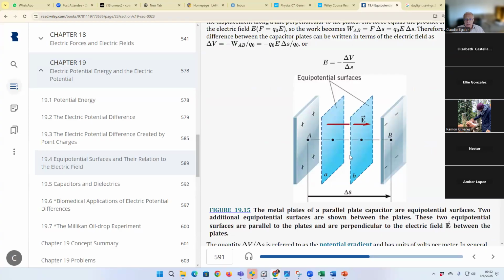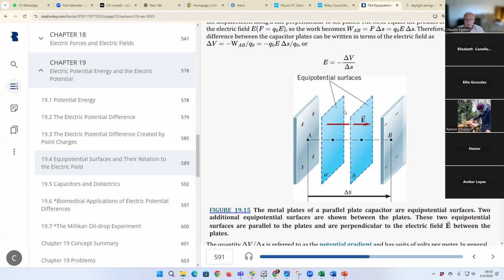Here is another case, which is the illustration pertinent to the first lab. Two uniformly charged parallel plates, one positively charged, the other negatively charged.